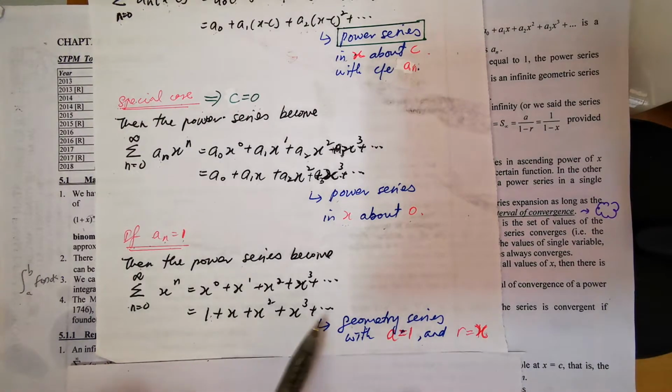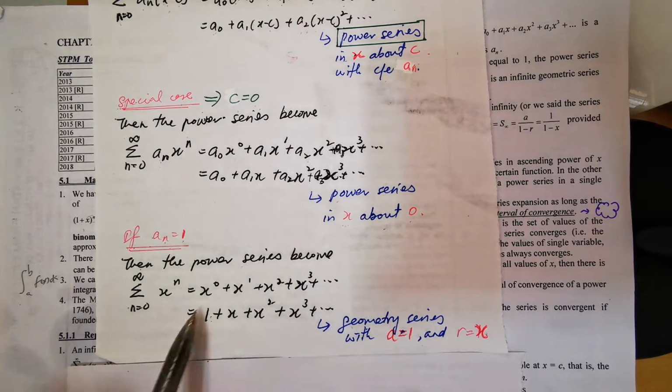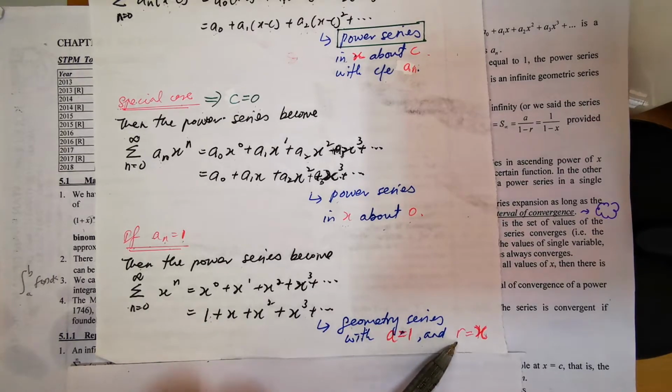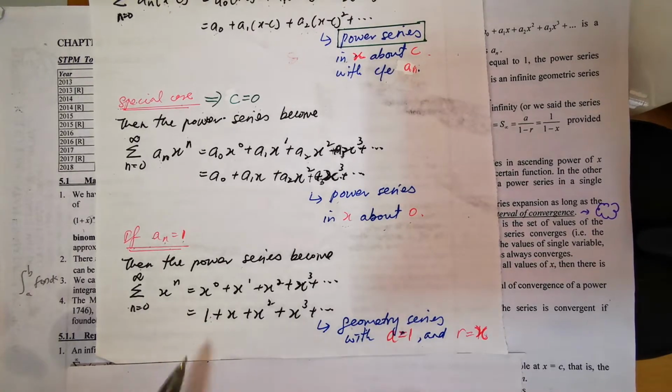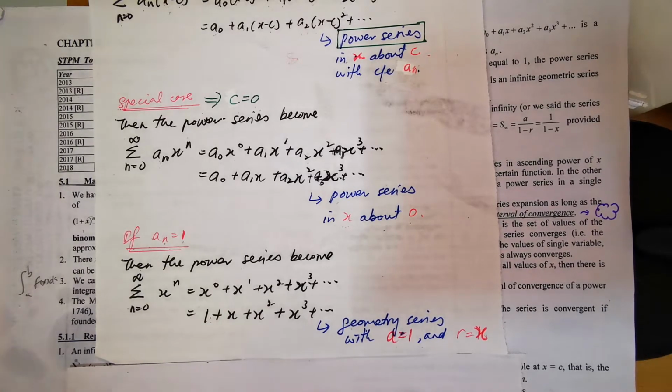This is actually a geometric series with first term a, not this a, okay? The first term is 1, and the common ratio, remember, is x. It means each term multiplied by x, you get this, multiply by x, you get this, multiply by x, you get this. All right, so from here you know that a geometric series is actually also a power series in a special case.